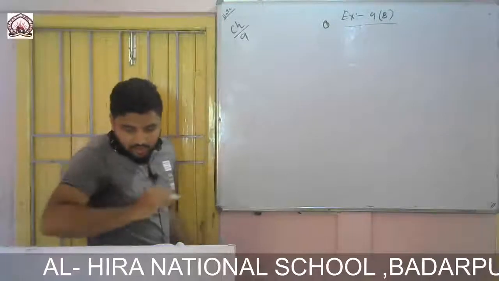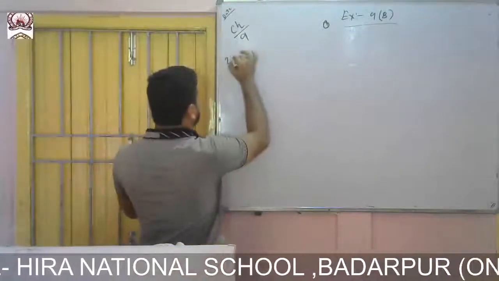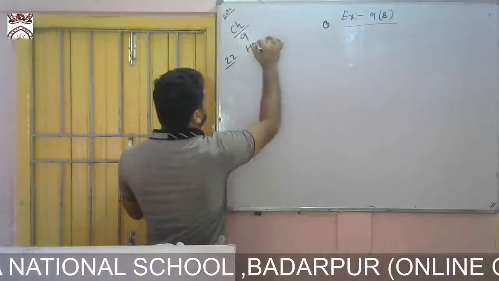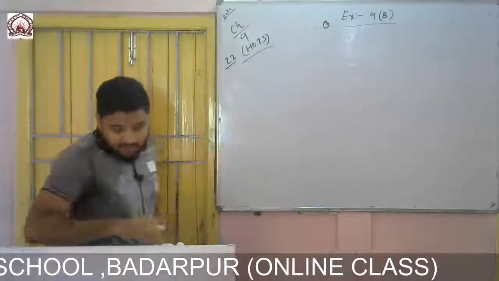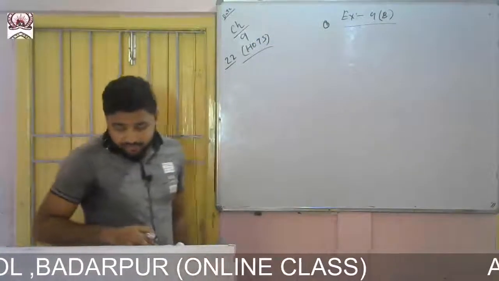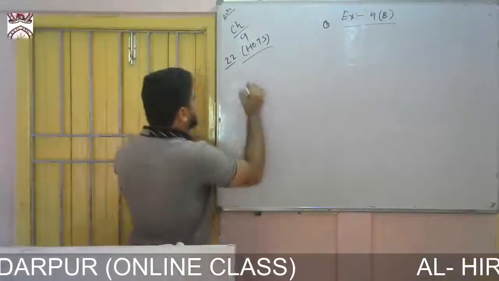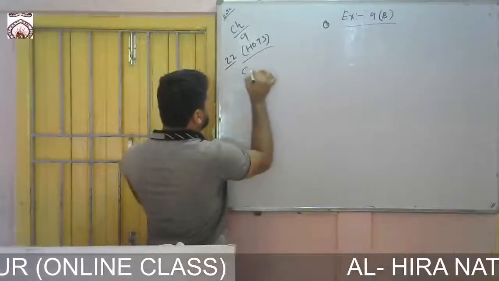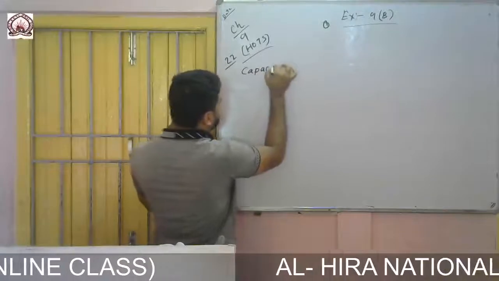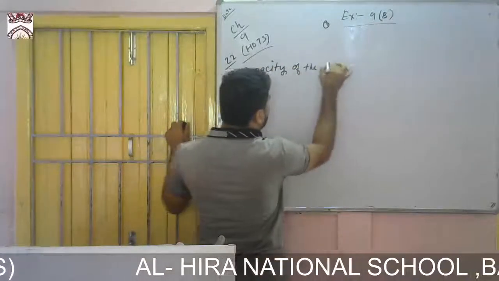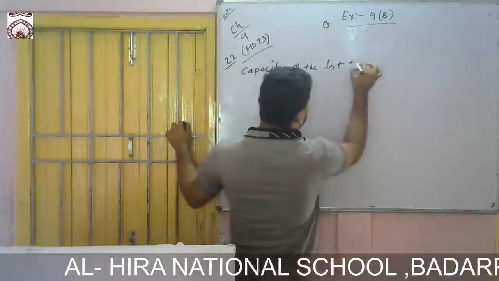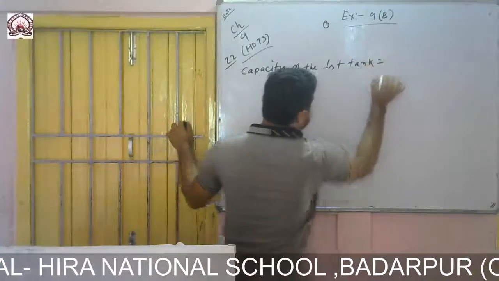Question number 22, high order thinking. This is the last question. So here you see the capacity of the first oil tank.